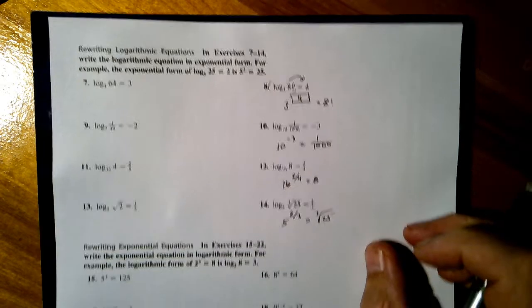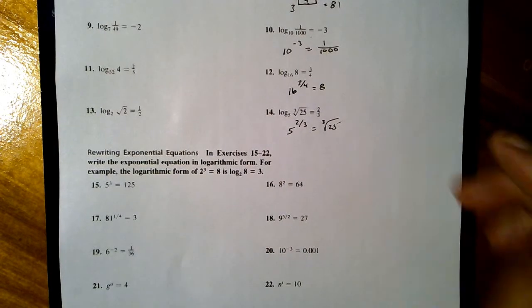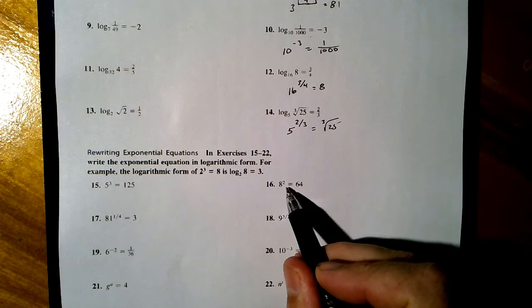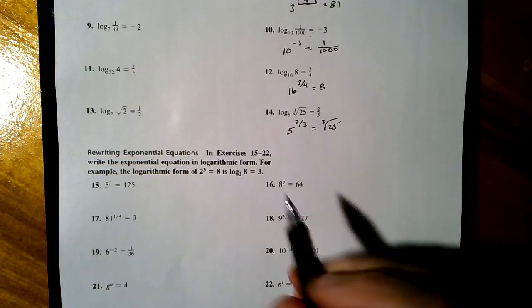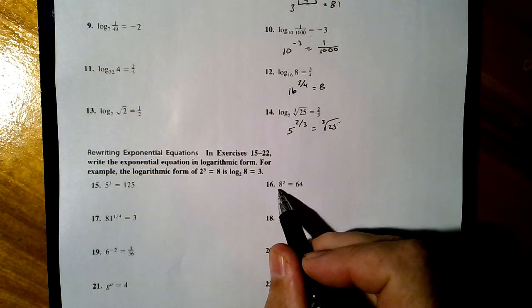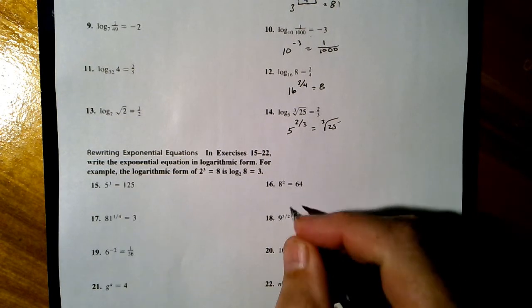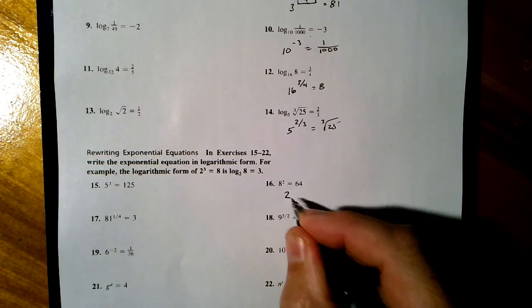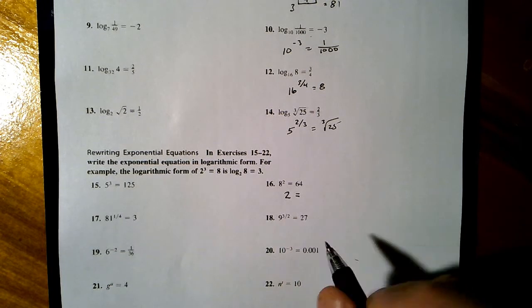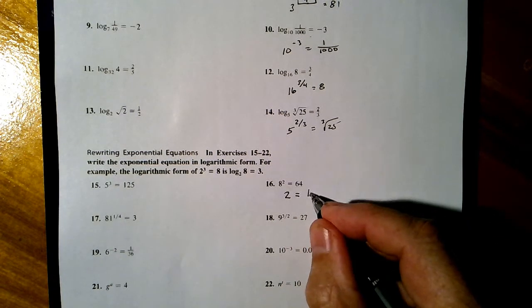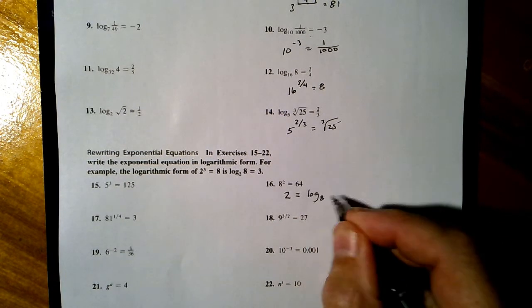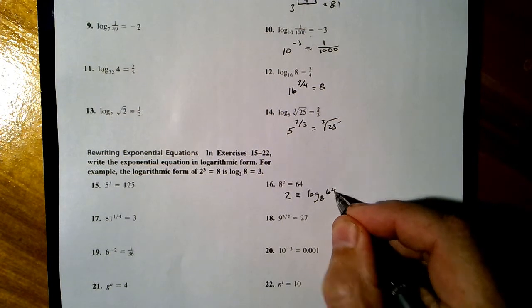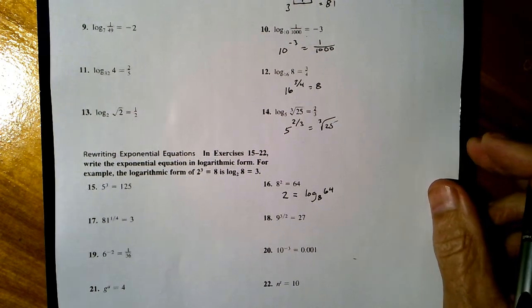Okay. Now this is going to be in reverse. But sure, 8 to the second equals 64, and we know it. But 2 is the exponent that turns 8 into 64.